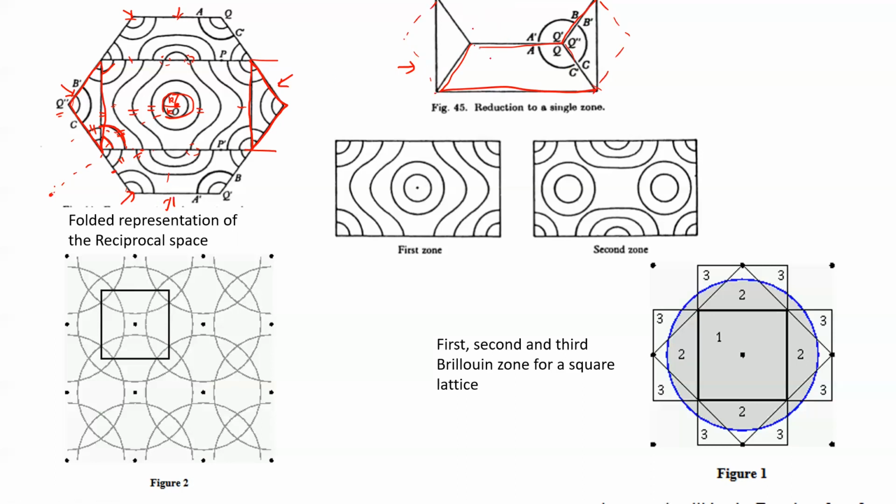And here you can clearly see you have Q dash and Q double dash coinciding at this point. If you compare at this particular point, Q dash and Q double dash are equidistant from the center. When they are equidistant, they have similar energies, right? And they are separated by the same reciprocal lattice vector, right?